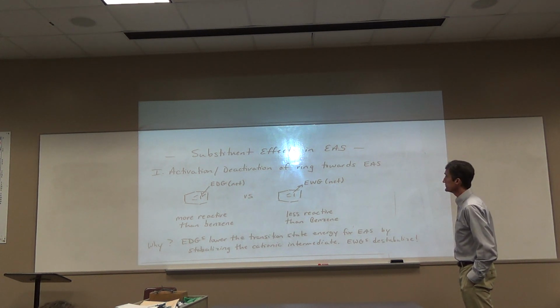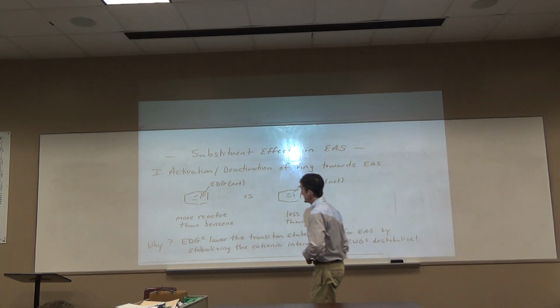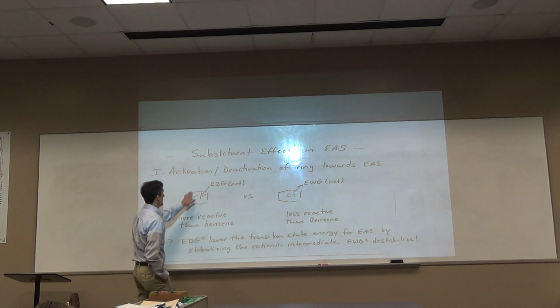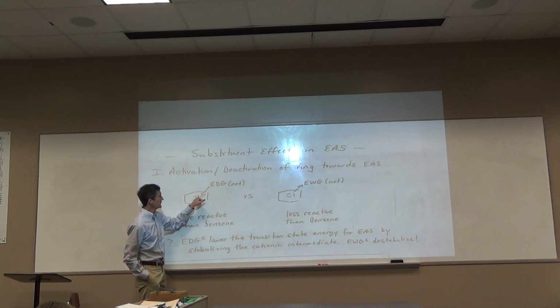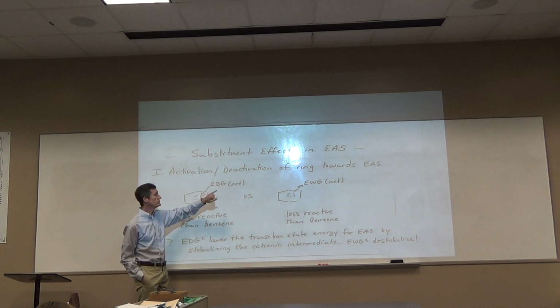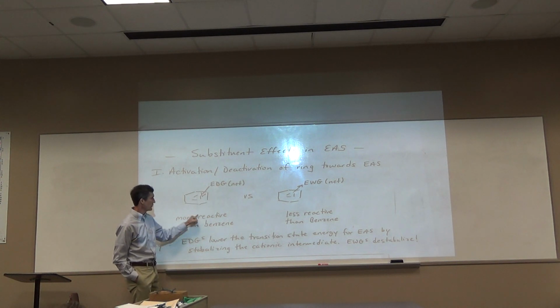Activation, deactivation of rings. First topic, activation, deactivation. If you have an electron donating group on the ring, and I say net because a lot of times groups can be both donating and withdrawing, but if it's a net donator, this is going to be more reactive than benzene towards an EAS mechanism.